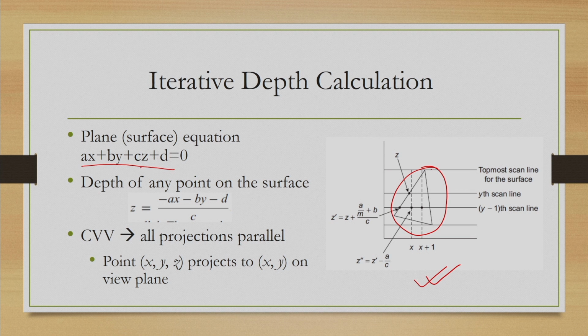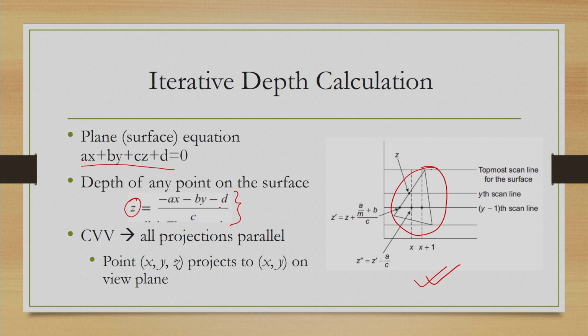Now, given this surface equation, we can find out the z value in terms of a, b, c as shown here, and z value is the depth of that particular point.